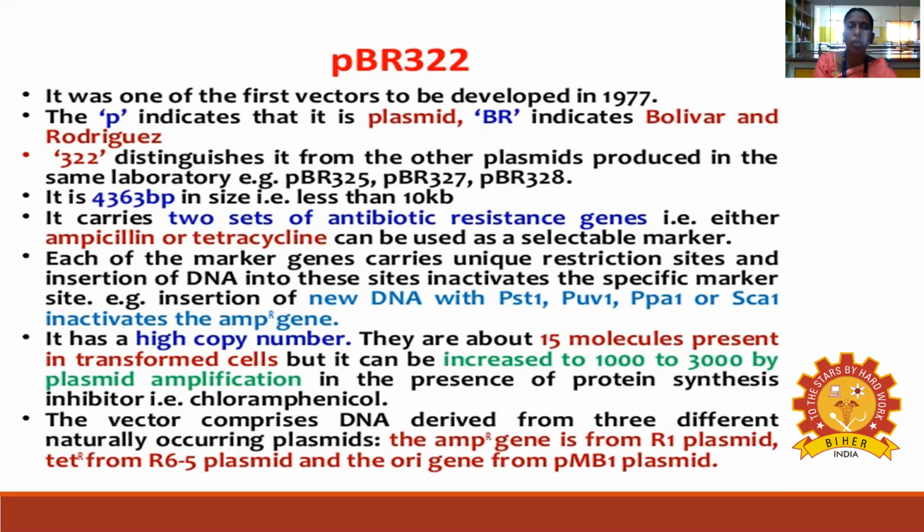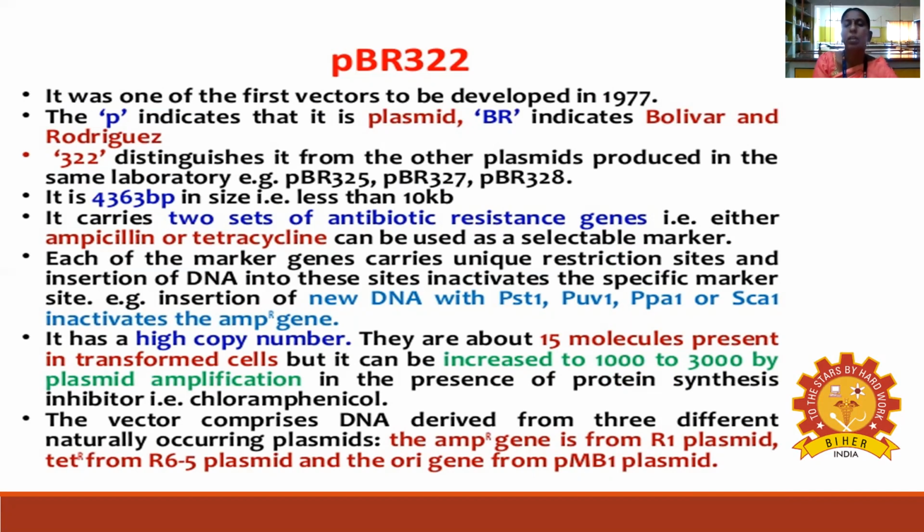So using chloramphenicol, you get multiple copies. Initially 15 molecules are present, but you want to increase it to 1,000 to 3,000 molecules by the plasmid amplification mechanism.